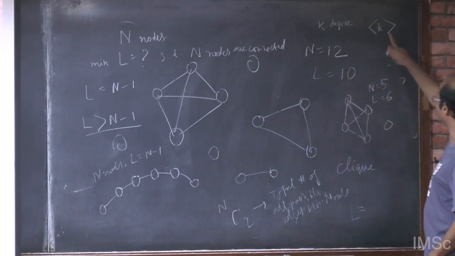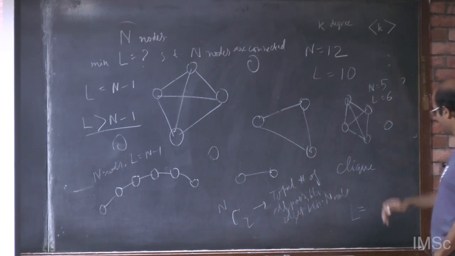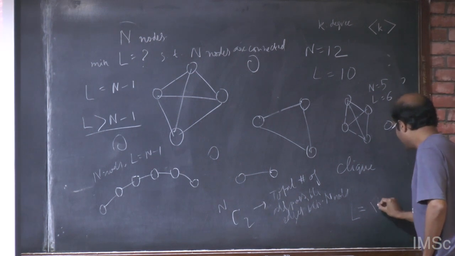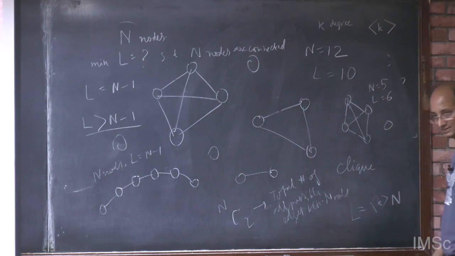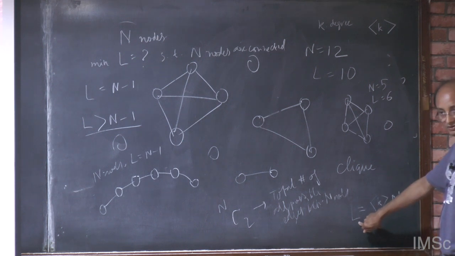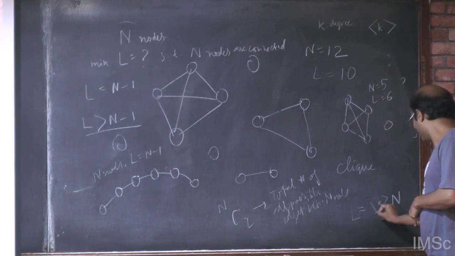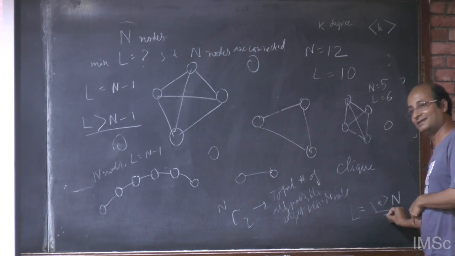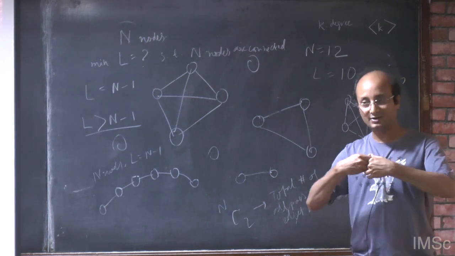So suppose you're given the mean degree. One way we can think about it is that the mean degree multiplied by the total number of nodes gives me an estimate of the total number of edges in the graph. But remember, you have to now divide this by a factor of 2.